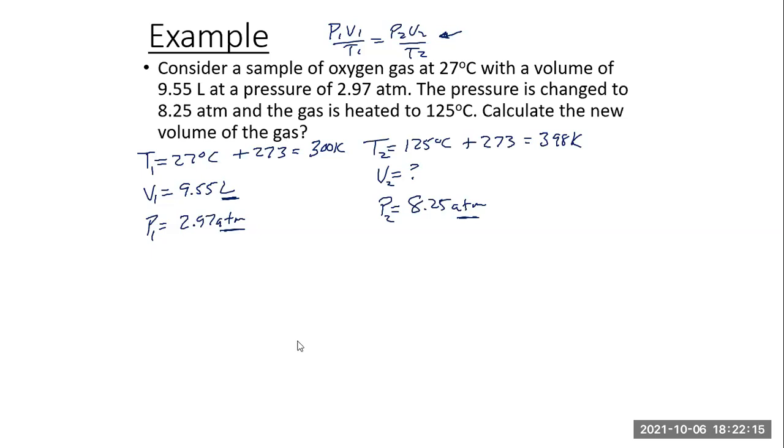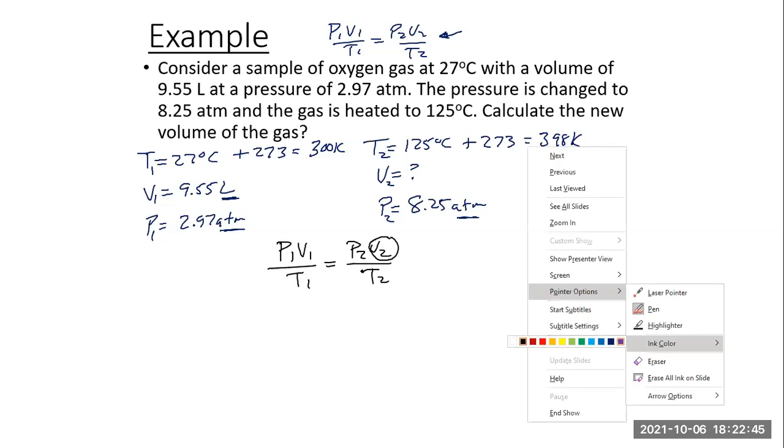We want to then make sure that we rearrange this equation properly. As we can see from above, we are solving for V2, and V2 is on top, which is where we need it. But it does mean we need to move both P2 and T2 to the other side.